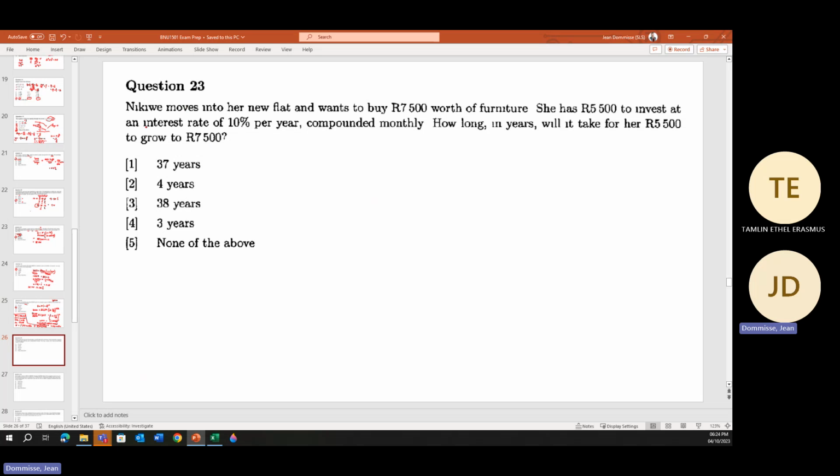So let's see what is in question 23. The Kiwi moves into a new flat and wants to buy furniture worth 7,500. She has 5,500 to invest at the interest rate of 10%, compounded monthly.